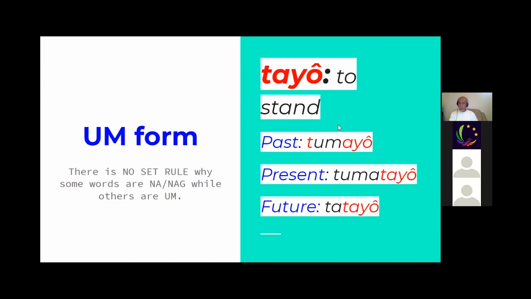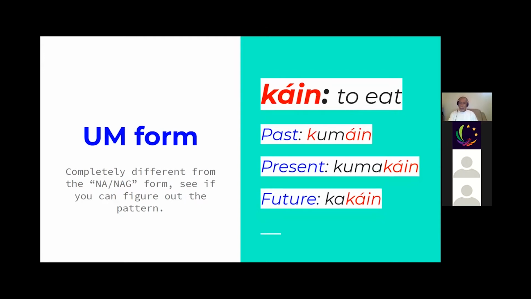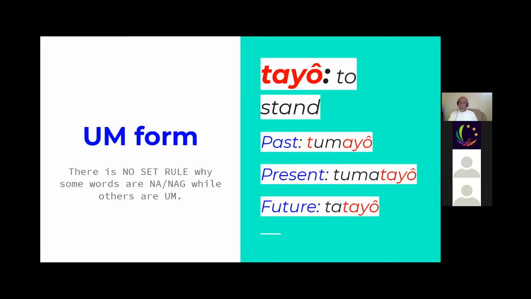So again, observe the conjugation. I'm going to go back to "kain." Look at kumain, kumakain, kakain. Tumayo, tumatayo, tatayo. Can you give me one thing that you noticed so far? Anyone? Go ahead, Anne. I'll start with you. Are you asking about the conjugation rule? Yeah.